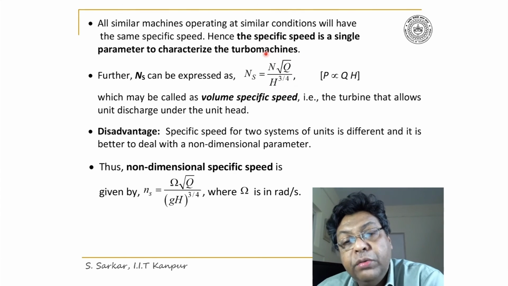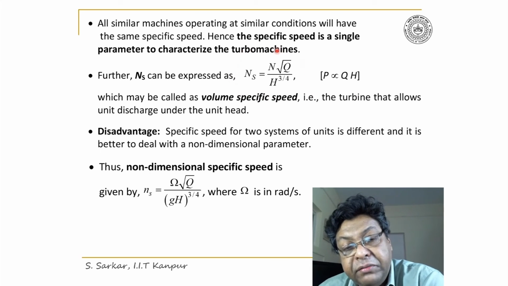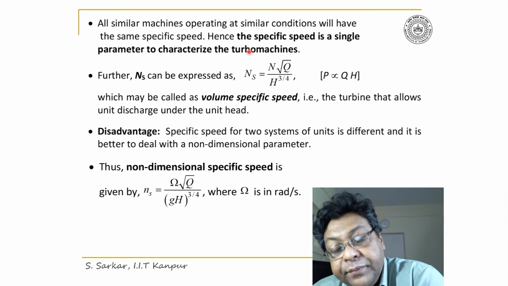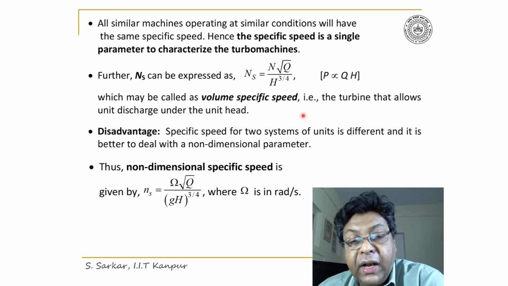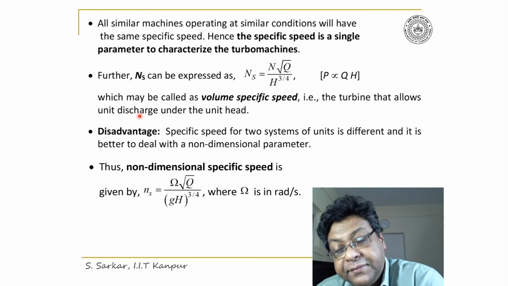This expression we get by replacing P proportional to Q into H. Now this expression of Ns is called volume specific speed and is defined as the speed of a turbine that allows unit discharge under unit head.